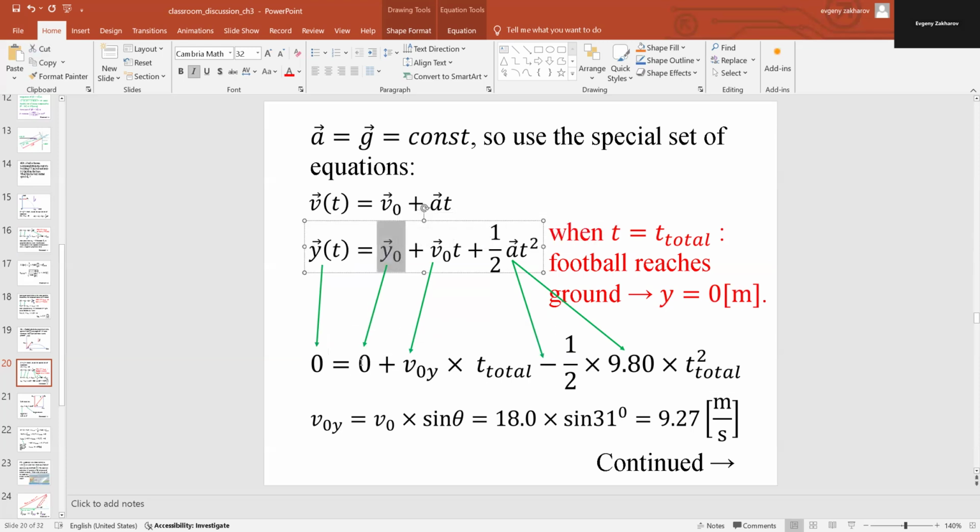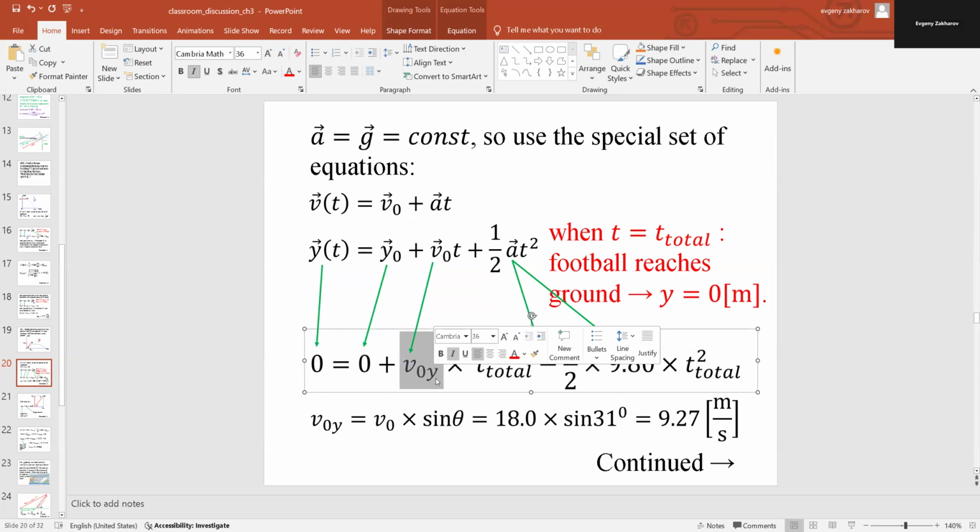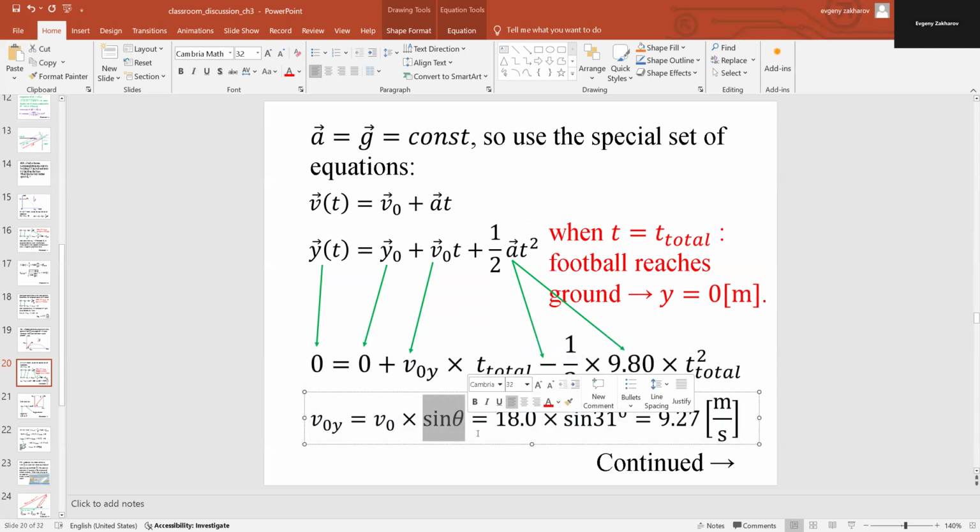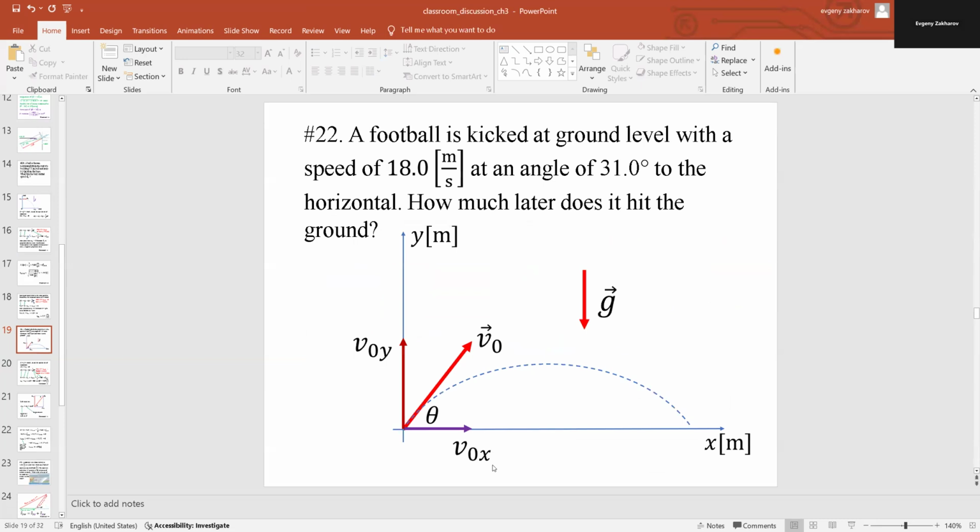Your initial position is also 0 in terms of Y. Your initial velocity, the Y component, would be the sine function, because we're talking about the side that is opposite to theta. If this is theta, then this is theta. Alternate interior angles are congruent, opposite to theta, sine function.